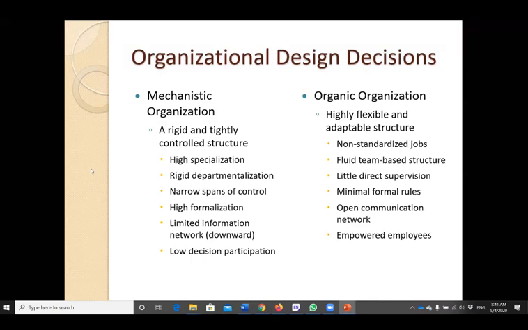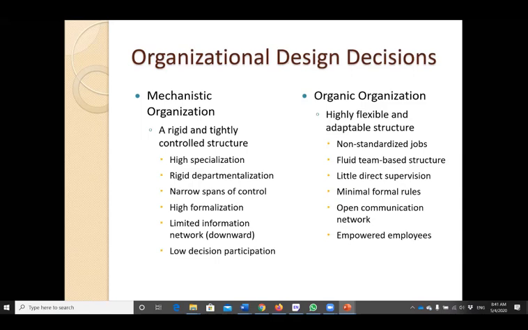Okay, and there are several types of organization structures, and different types of structures can lead to different types of organization. Right, and in terms of the structures, people can differentiate between the mechanistic and the organic organization.